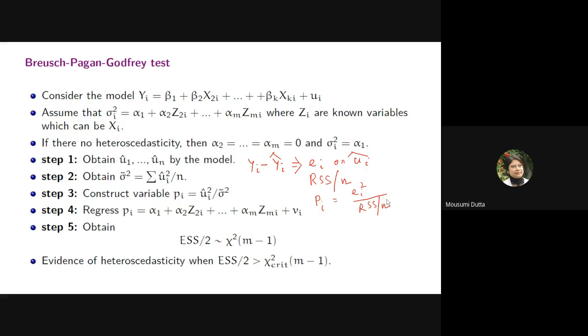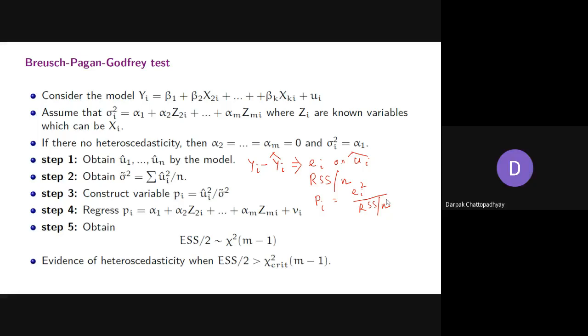If ESS is greater than the critical value, there is heteroscedasticity. Otherwise, there is homoscedasticity. So this is all about the Breusch-Pagan-Godfrey test. These are the tests we have in our syllabus at this moment. Any question regarding Godfrey?